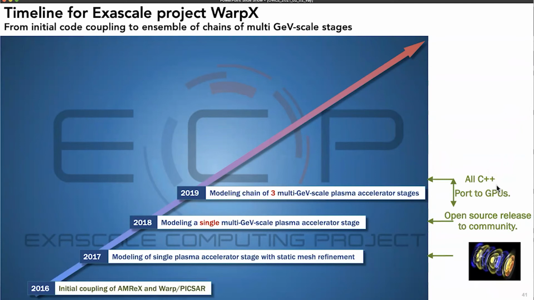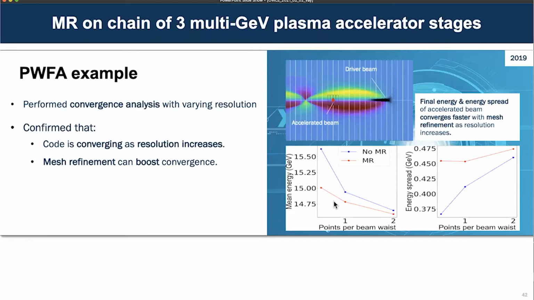Converting the code, which was partly Fortran, to being fully C++, and in the meantime, going to the next level of complexity, which was to not model one stage anymore, but a chain of 3 multi-GeV scale stages.